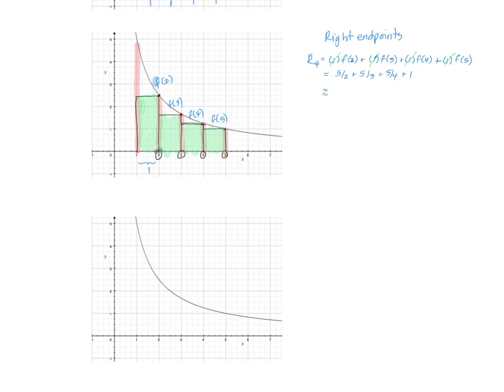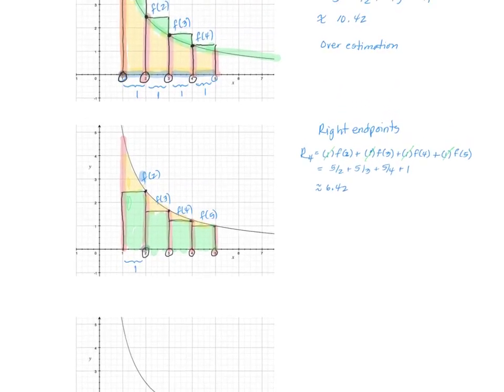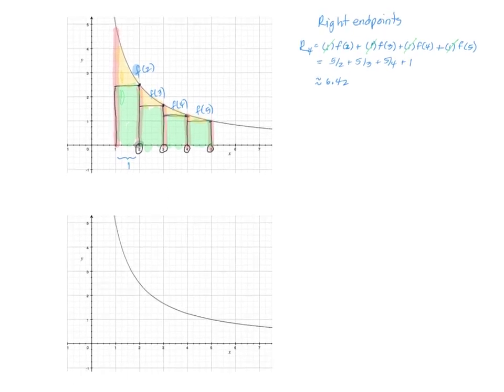Adding all these up, and again, I'm just going to plug this into my calculator and look at an approximation. 6.42. And I can clearly see that this is an underestimation because I have all of this area here that's missing from the curve to the x-axis. So going back to the first one, this was an overestimation, and it was 10.42. If I use right endpoints, I get an underestimation.